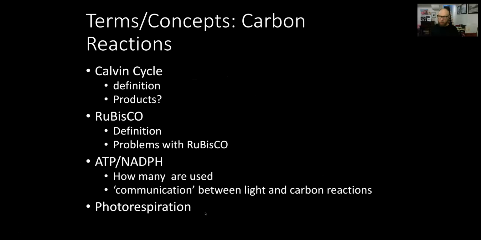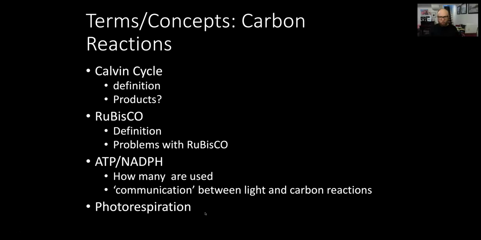All right, so as I did last week, I'll try to highlight some of the terms and concepts I want you to remember, because we'll be reading some papers that incorporate these terms and concepts, and it'll make that reading a lot easier. So remember the Calvin cycle, the 3 general steps in the Calvin cycle, and the products associated with that. Rubisco: what is Rubisco?